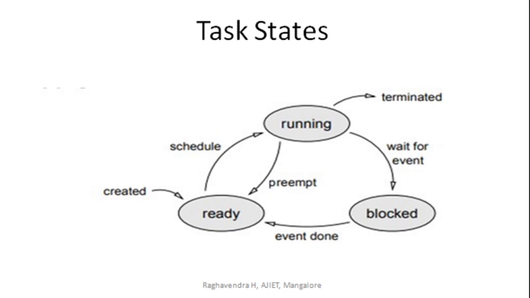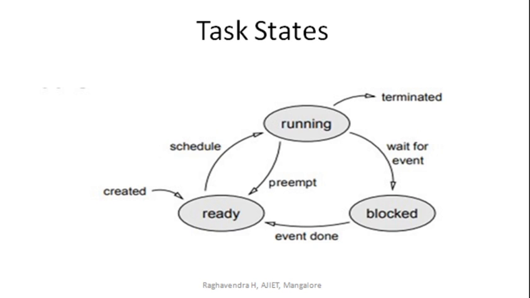Like if one person is reading the book and a second person wants to read the same book, he has to wait for his turn, right? That waiting for his turn is called a waiting state. So depending upon the execution, a task may be classified into three states: running state, ready state, and blocked state. We'll see what these are.